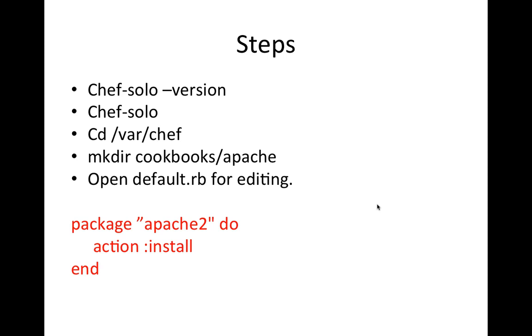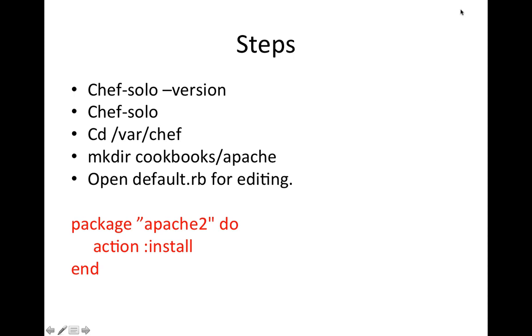Second, the web server should be configured and started, because without starting or configuring the web server we cannot have it. Third, the home page should be displayed on the browser with our customization. These are our three states, and inside our resource block we are going to specify these states.